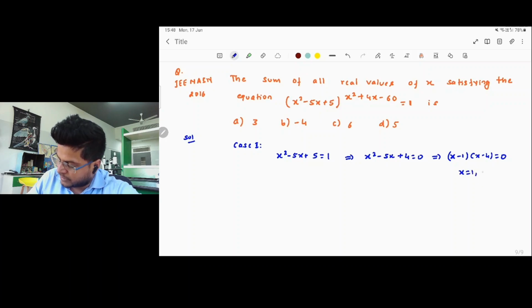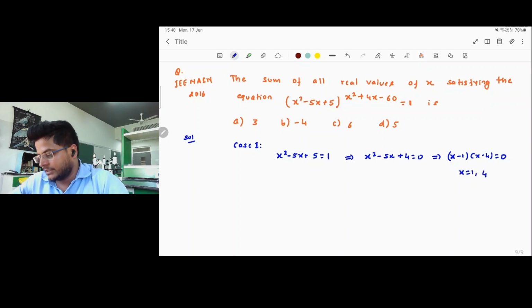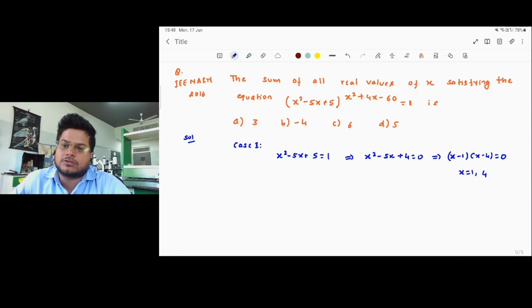So we got x equals 1, and we got x equals 4. Now, when x equals 1 or x equals 4, do we have to check the power? Both are integer values, and when you substitute, you'll get some integral value, isn't it? So ultimately, x equals 1 and x equals 4 both are acceptable answers.